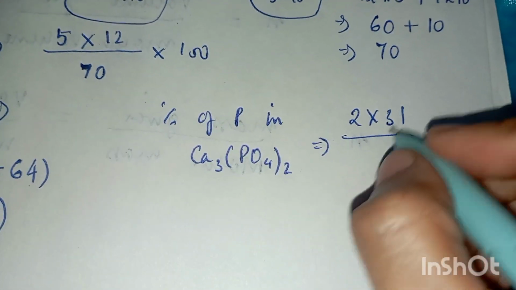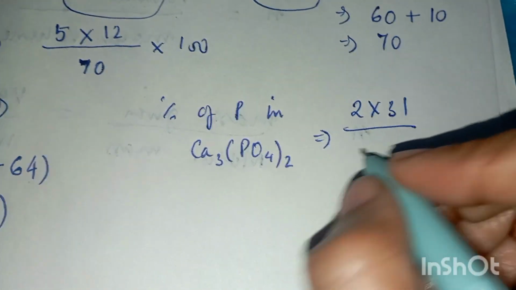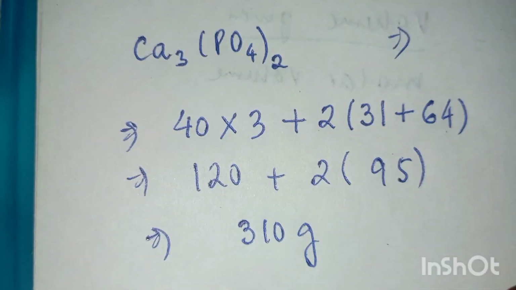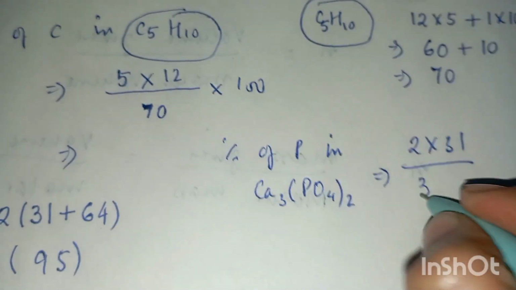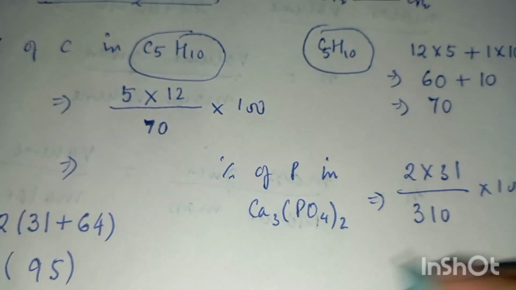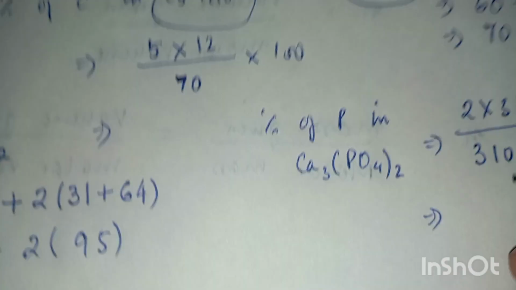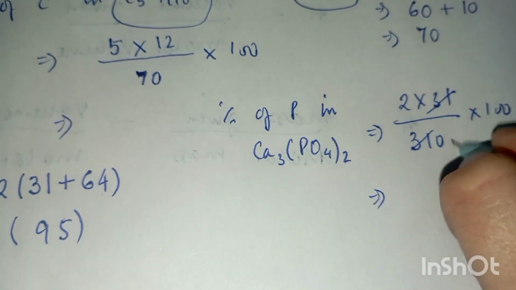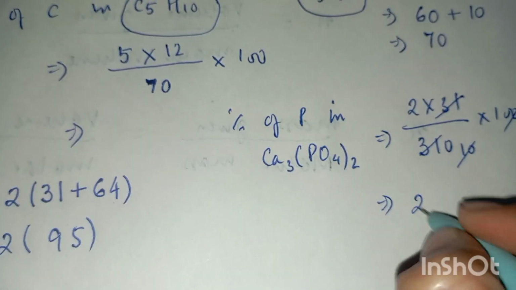Atomic masses will be given, you need not learn the atomic masses. Upon the relative molecular mass, which you have calculated as 310 gram, so 310 into 100%. You can calculate it further. 20%.